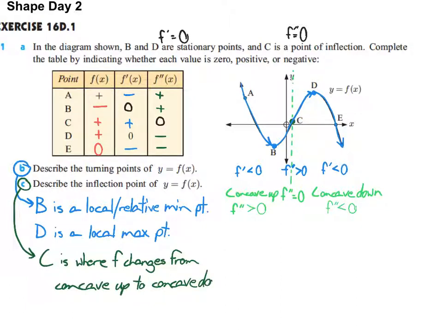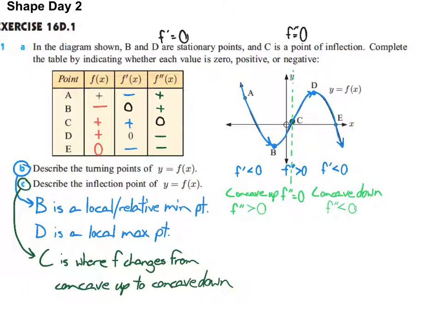Do we always have to say local max or local min? No, you don't. Typically, anytime we just say max or just say min, we're talking about local max and mins. That's much more commonly used than the global would be.